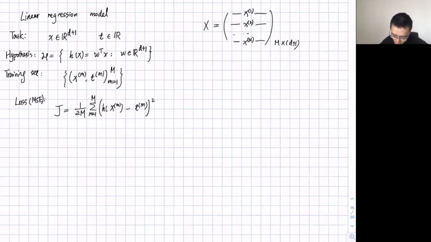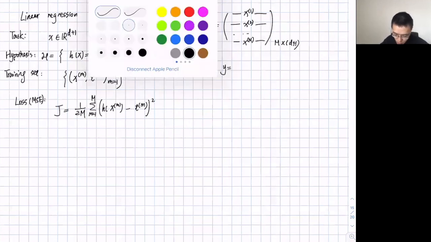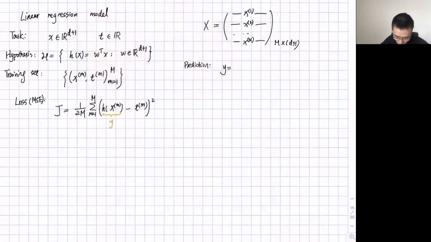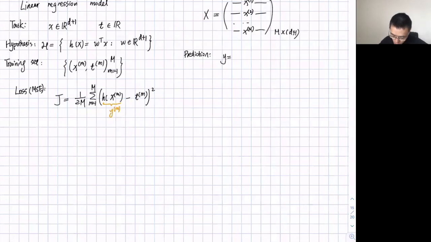Then my prediction, so this is just y for the M data samples, would be y = Xw, that's it, which is an R^M vector.